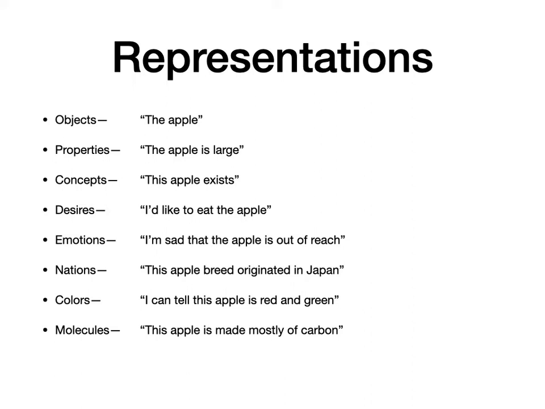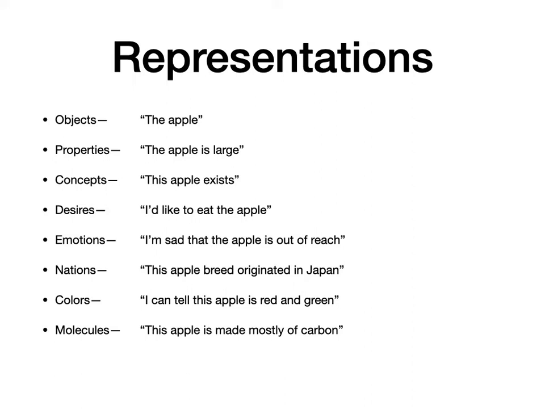Objects, we understand the apple. Properties of things. The apple is large. That's a property, right? You'll see that language is very helpful here. Other concepts, the apple exists. It's not an inextant apple. It is an extant apple. Desires, I would like to eat the apple. That's something that we can internalize.